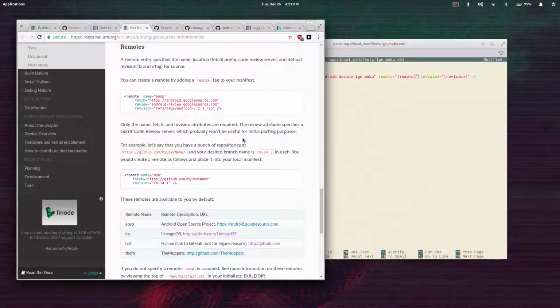Name, location, fetch prefix, code review server, and default revision branch/tag for source. You can create a remote by adding a remote tag to your manifest. Fucking hell.